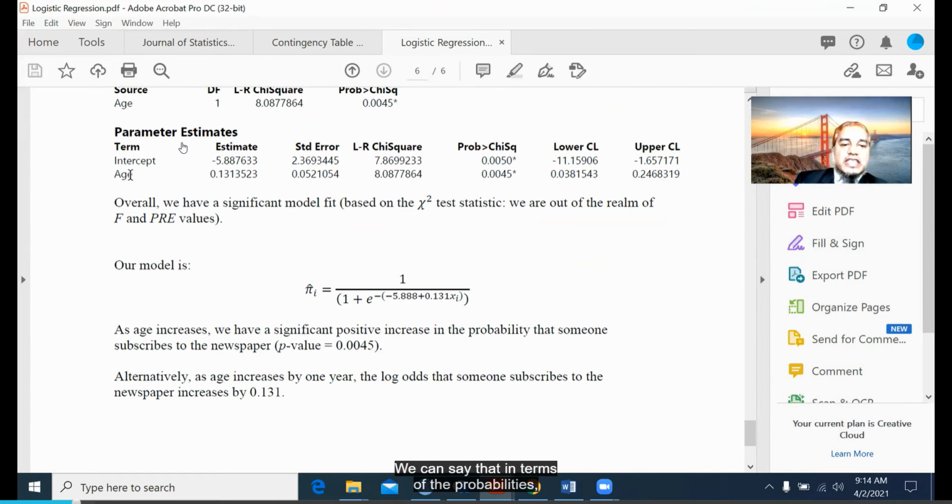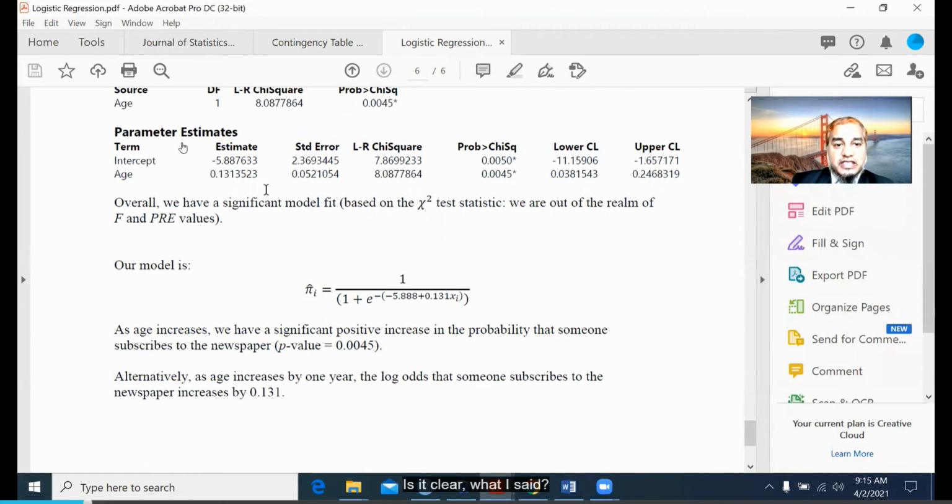In terms of the probabilities, we can see that the chances of subscribing to a newspaper are increasing, so we have the positive slope, and age is significant as well. So we can say as age increases, we have a significant positive increase in the probability that someone subscribed to the newspaper.